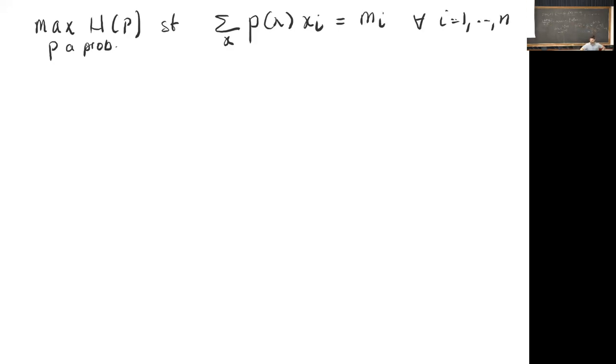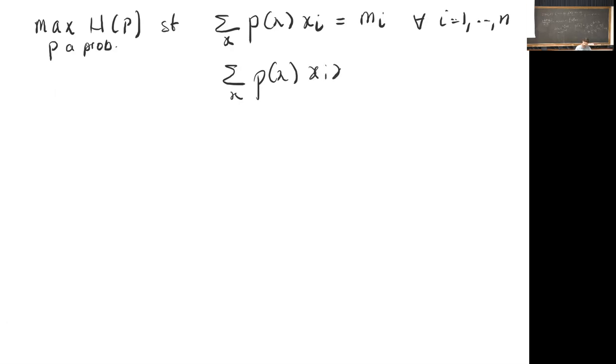I do a last example. Now assume that in addition to knowing local magnetizations, you know more. You also know local or two-body correlations.